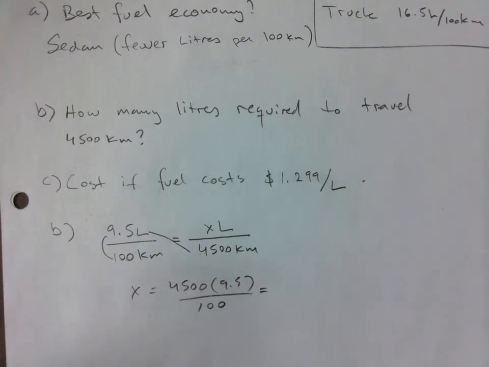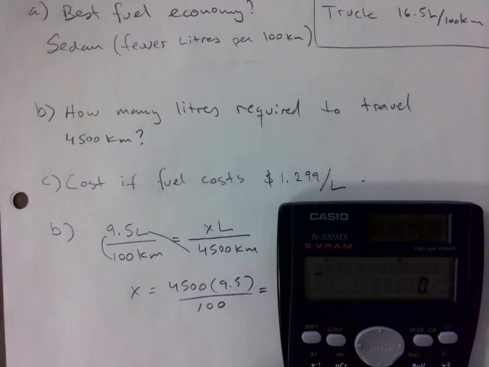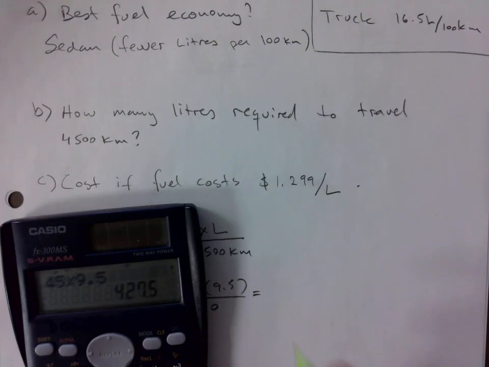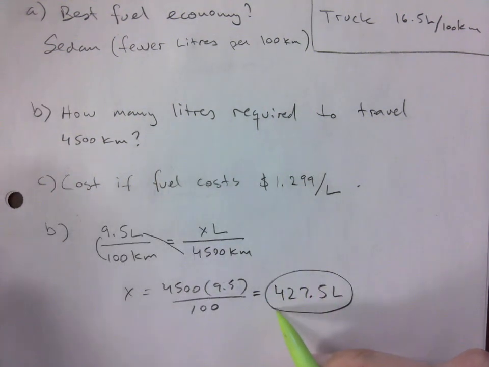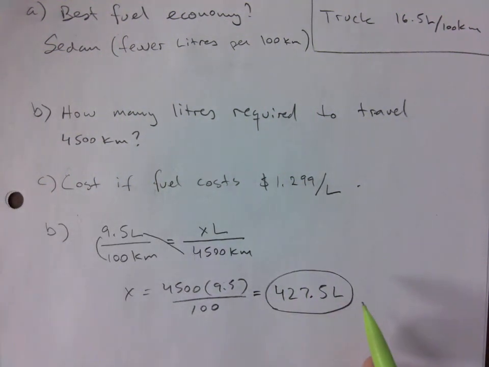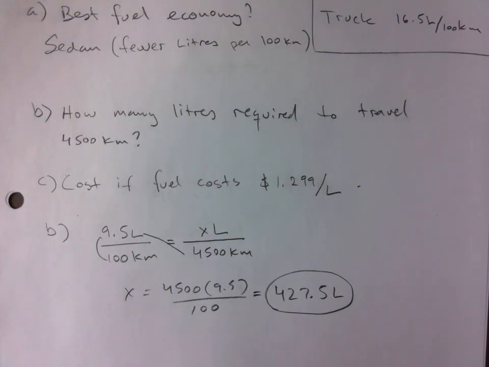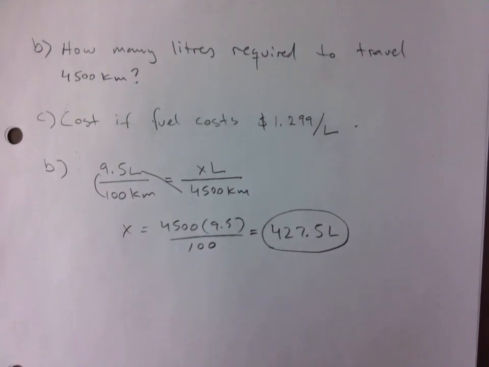And that would be, what, 400 and something? 427.5. Okay? Yeah, that's fine. I just don't want to see only the final answer.